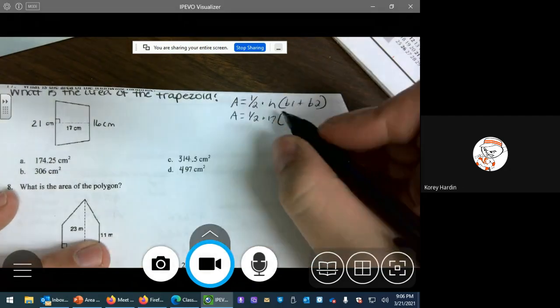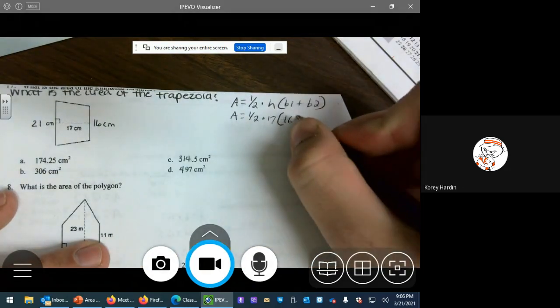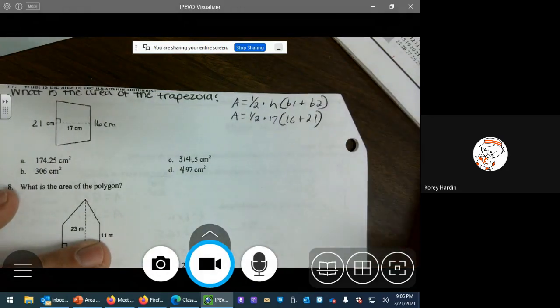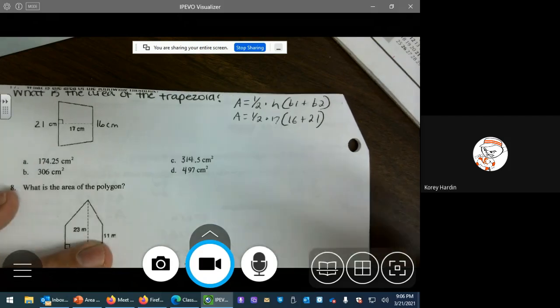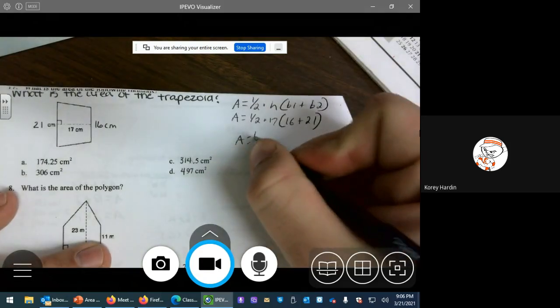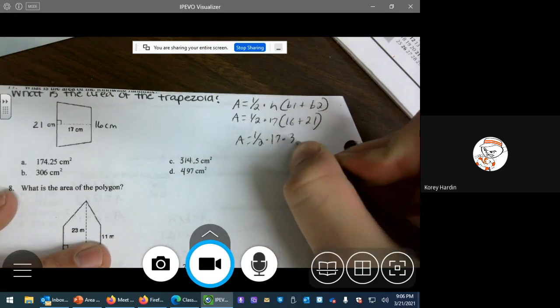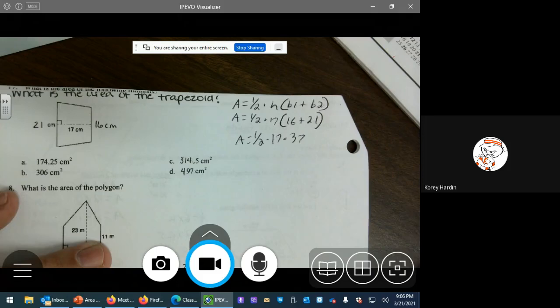And in parentheses, I've got 16 plus 21. All right. And then I'll do that first, 16 plus 21 to get 37. And then I'll put in my calculator later, 0.5 times 17 times 37.